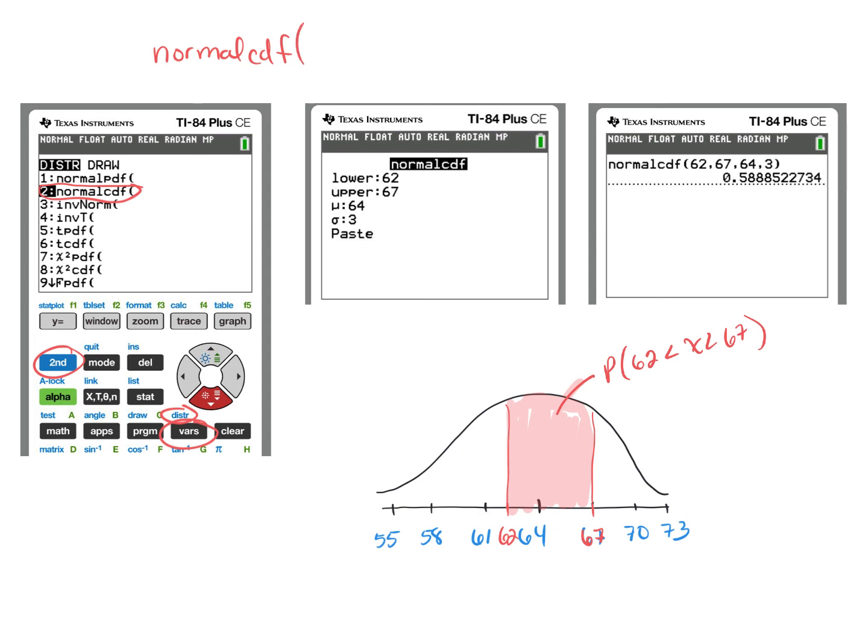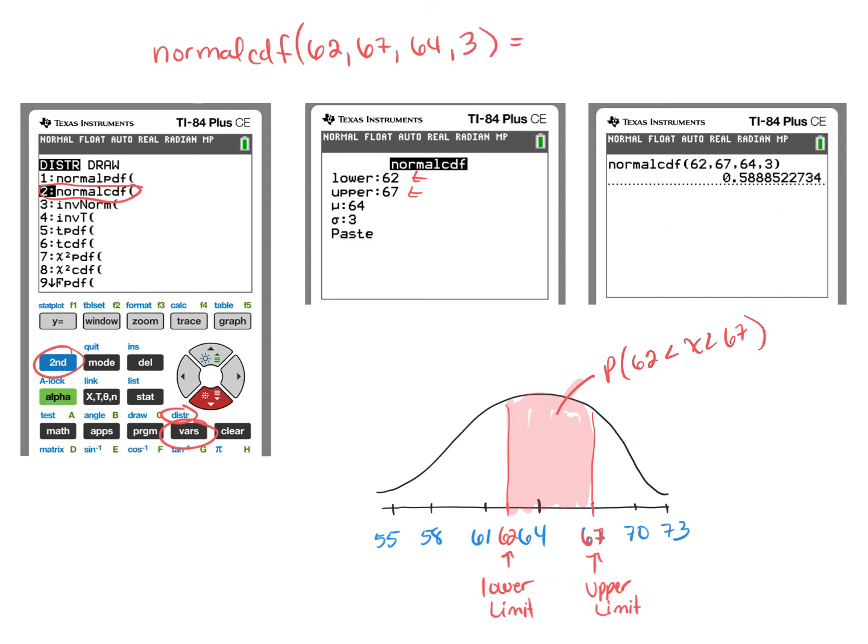Your calculator is always going to ask you to put in a lower bound and an upper bound. Hopefully you can see that 62 is the lower limit of the red shaded area under the curve, and 67 is the upper limit for the red shaded region. That's what you would write down if you were trying to show your work on your test. You would say that you use normalcdf, putting in 62, 67, and then you're also going to type in mu and sigma, where sigma is 3 inches.